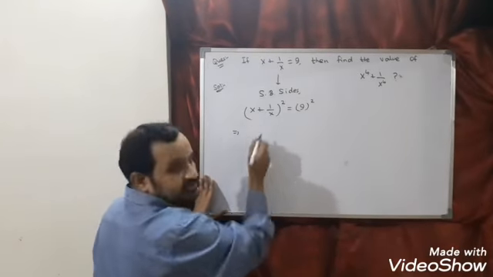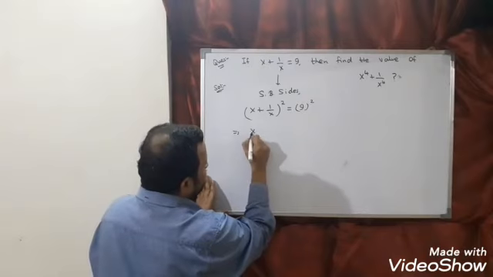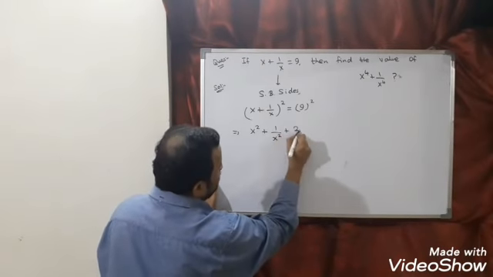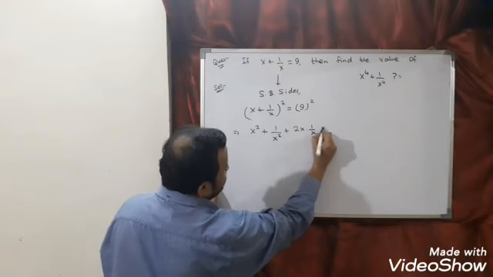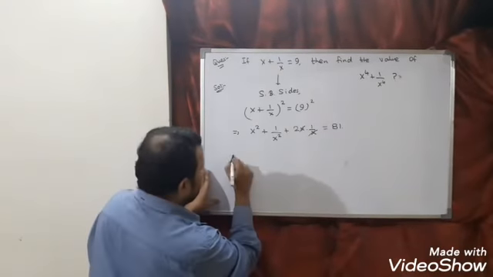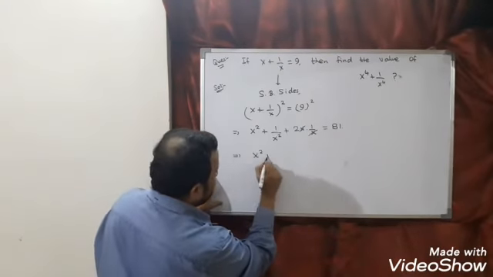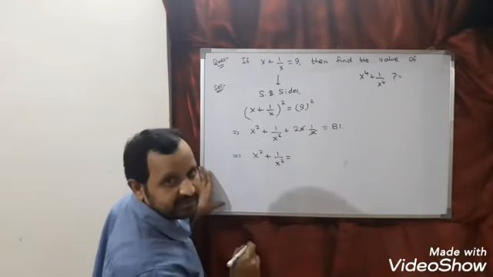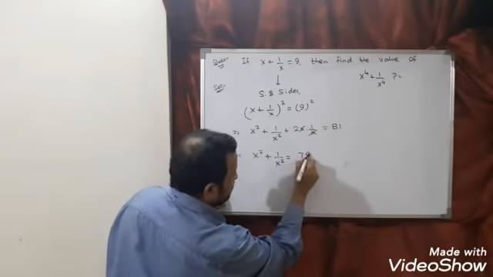What is a plus b whole square? Apply the formula. x square plus 1 by x square plus 2 x into 1 by x is equal to 81. So x cancels. From this I can say x square plus 1 by x square is equal to 81 minus 2, it is 79.